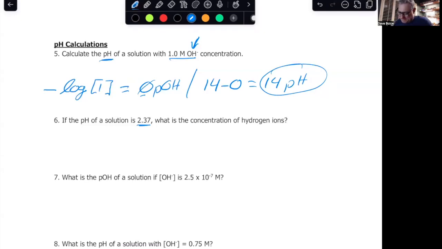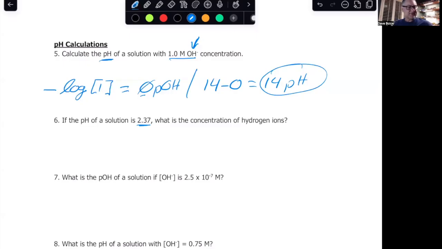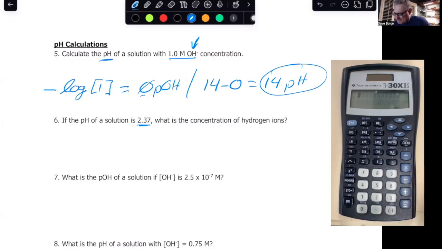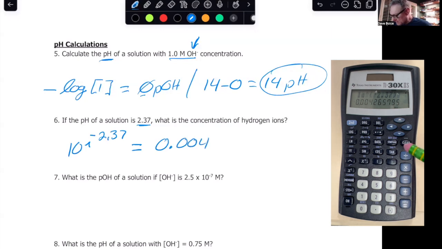I'm going to go in the calculator and hit second log, which brings up the 10 to the power, and then put in the negative pH, 2.37, and that equals 0.00427.